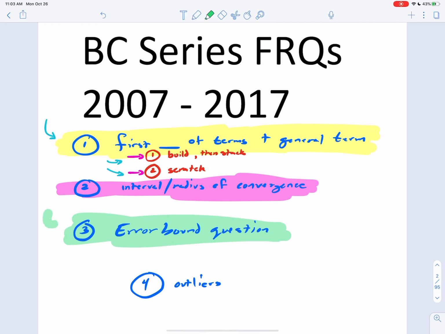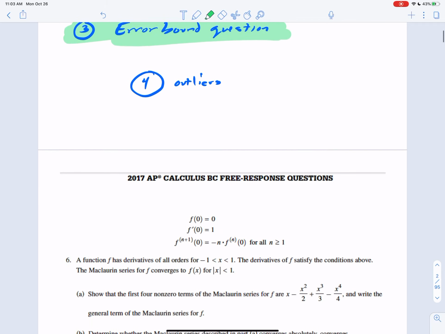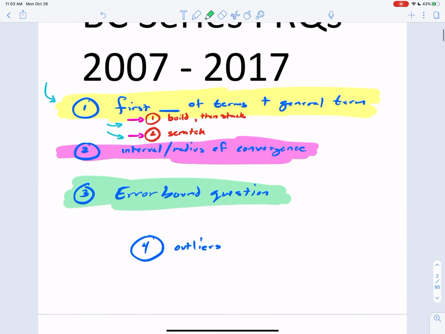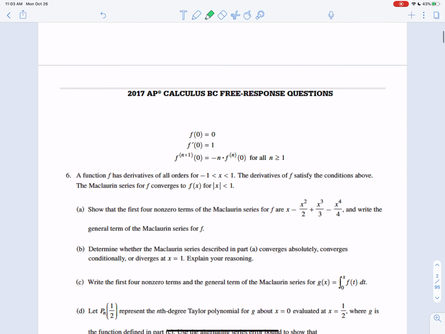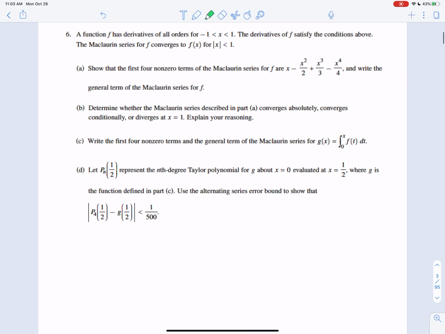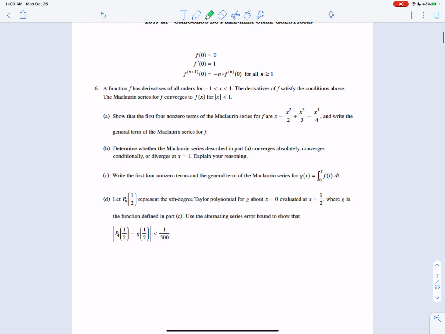So error-bound questions. People tend to freak out because of the verbiage that they use, but I'm going to show you guys that it's very easy to translate, okay? So first with the highlight, here we go. We'll start off with 2017. Make sure you guys are using different colors, okay? Error questions either will say error somewhere or they'll have some weird notation, and I'll show you.